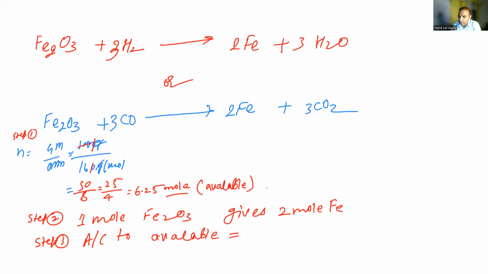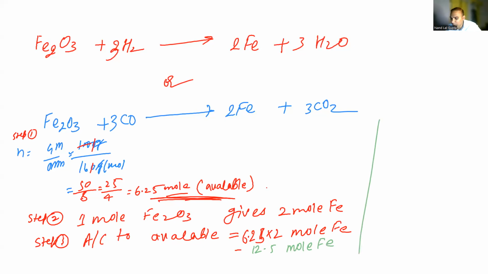According to available, if you see how much it is coming, 1 into 2, 6.5, so 12.5, right? No, available is 6.25. I was making a mistake. 2 times 6.25 available is 12.5. Yes, 12.5 mole Fe is available.